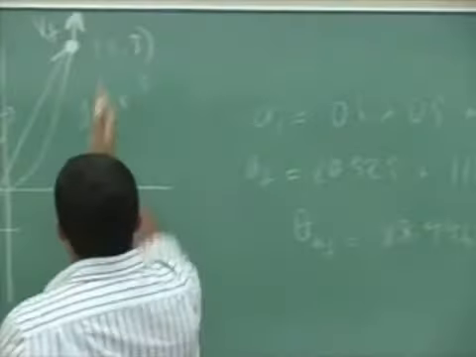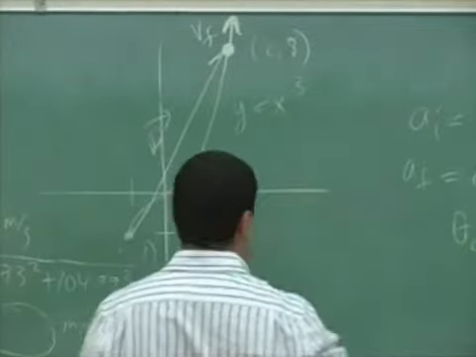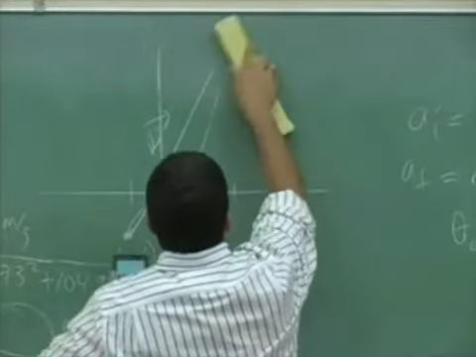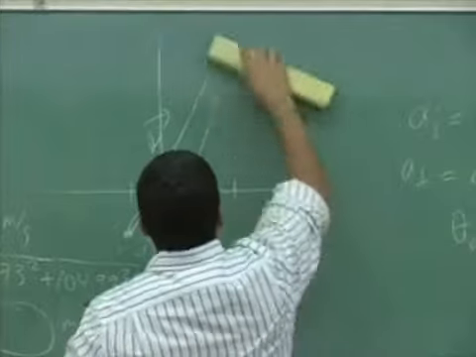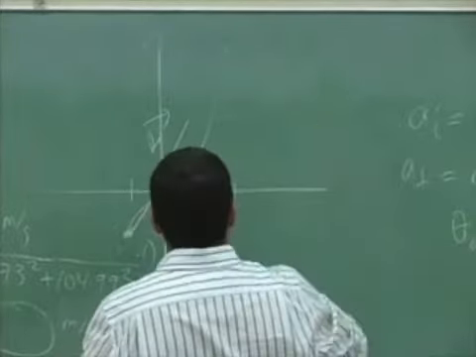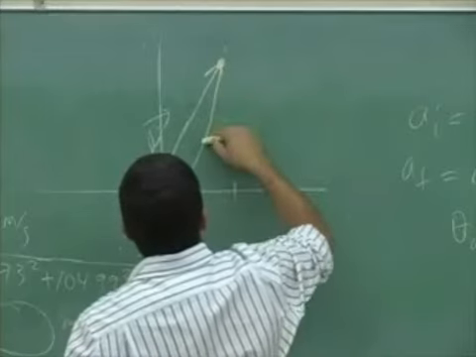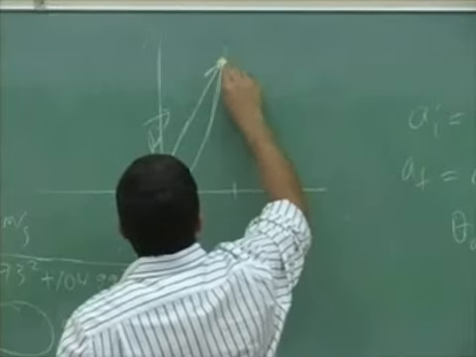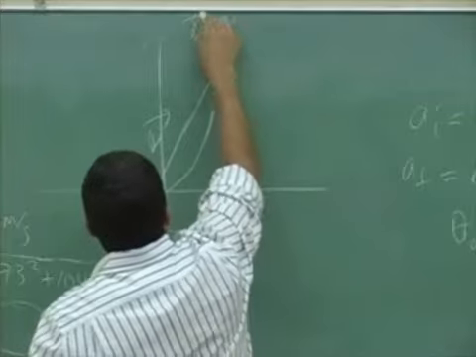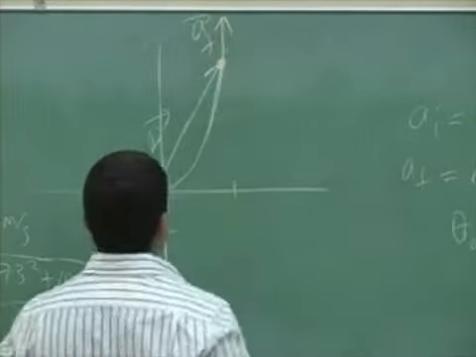So the acceleration vector is almost facing up, right? So it looks something like this. Let's say the point is here. The acceleration vector is facing almost like that, the final acceleration vector.